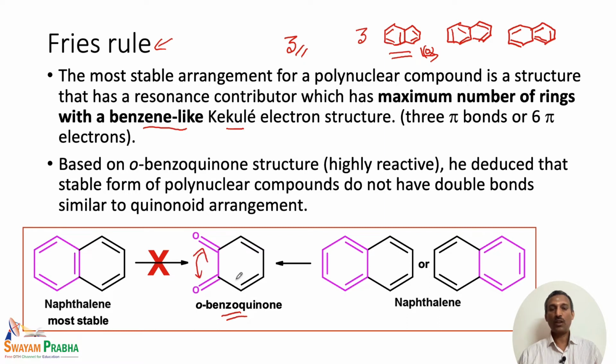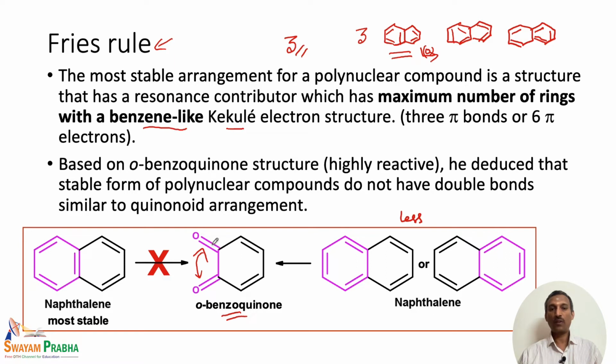So this is orthobenzoquinone, which can be easily formed from the resonance structures of naphthalene. These are less stable resonance structures, which is why they undergo oxidation very readily, and this clearly tells us that naphthalene has a structure very similar to orthobenzoquinone.